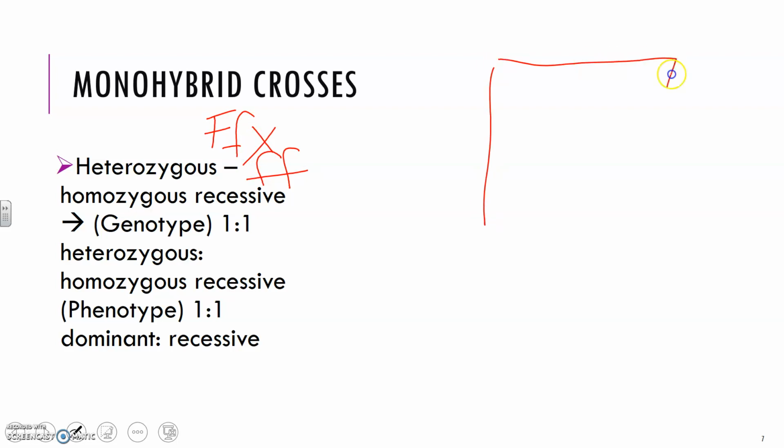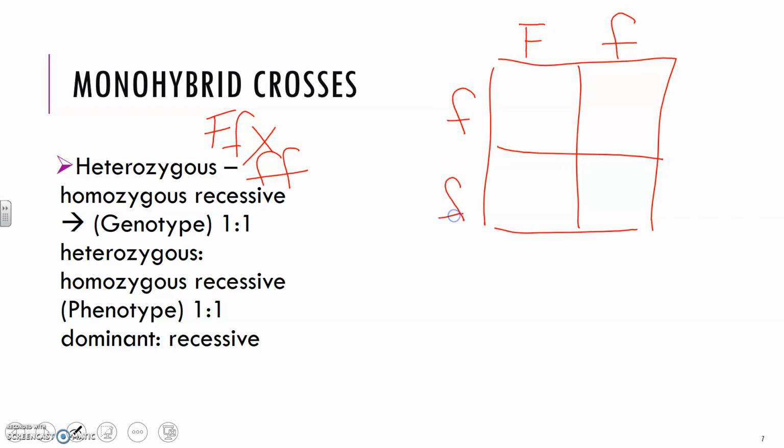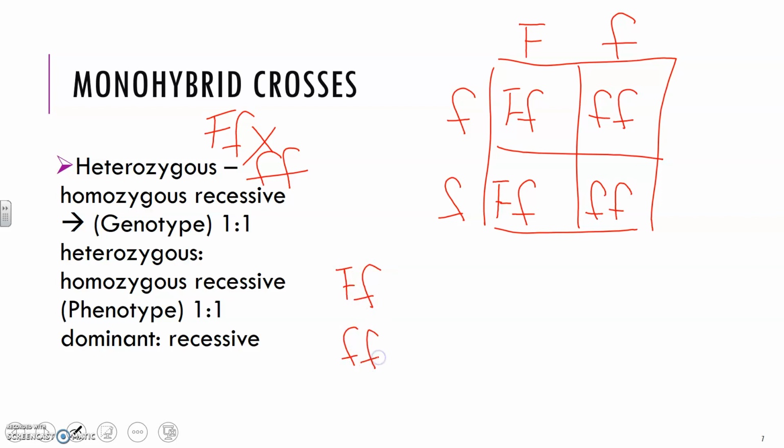So we've got our Punnett square, and we put one parent on top, one parent on the side, and then we take our capital F and go down the column with it, and then we take our lowercase f and go down the column with it, then take our first lowercase f and go across the row, and the same with our second. If you look at this, we only have 2 different genotypes possible with this cross. We have a heterozygous, and we also have a homozygous recessive. We do not have a homozygous dominant at this point.